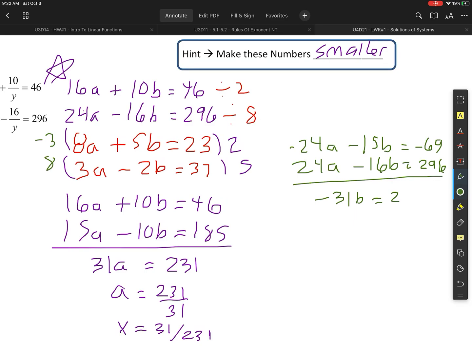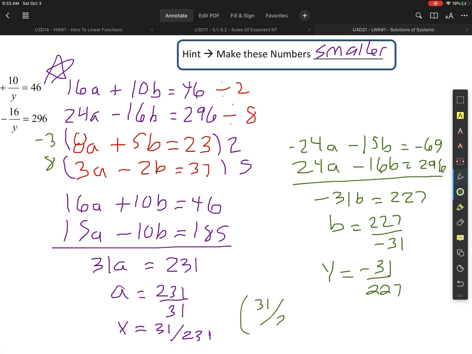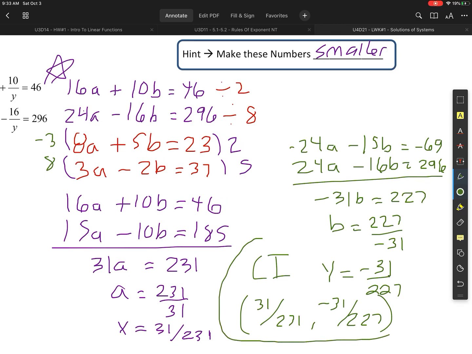No, not 231, -227. Did I make a mistake somewhere? 227. Yeah, 227. Which gives me b equals 227 over -31. Which means that y is -31 over 227. Final answer, 31 over 231, comma, negative 31 over 227, and it is a consistent, independent, 1-point answer.